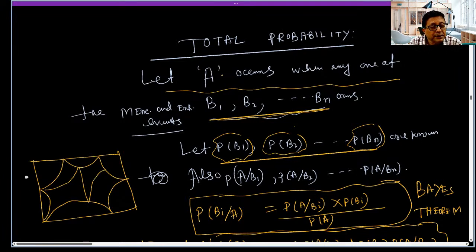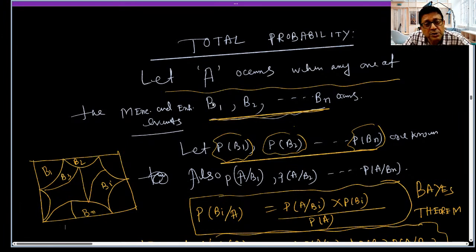Okay? This is say B1, B2, B3, this is Bi, and this is Bn. These are mutually exclusive and exhaustive. They don't have anything common. They are not sharing anything among themselves. We know probability of occurrence of these events.